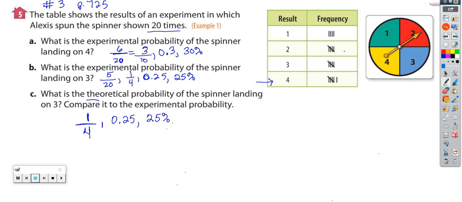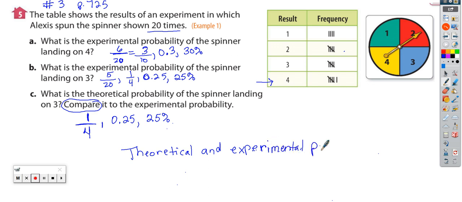Then it says compare, and I have to say that theoretical and experimental probabilities of landing on 3 are equal.